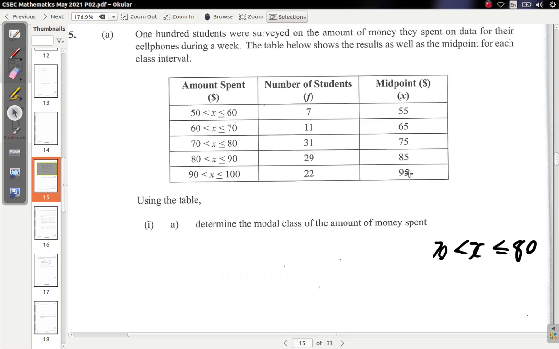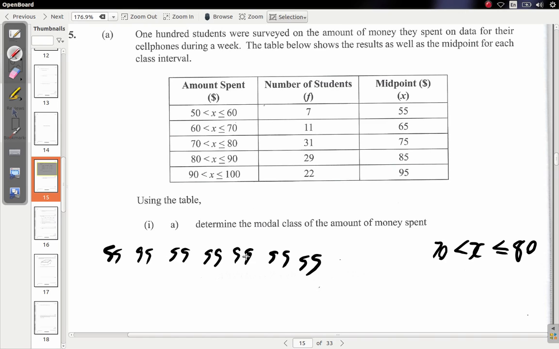But the mean is the total over how many of them. You have to remember, when it says 7 students with a midpoint of 55, it means you have 55, 55, 55, 55, 55, 55, 55, 7 of them, and you add them up.